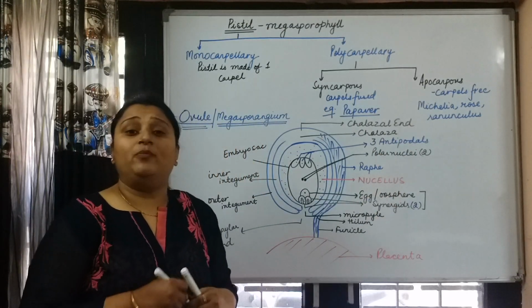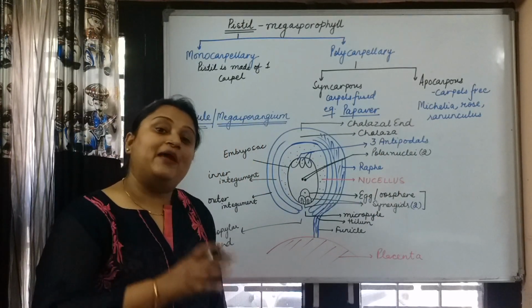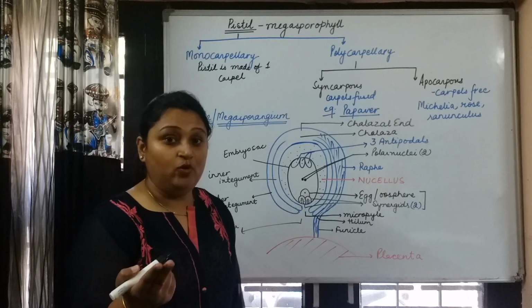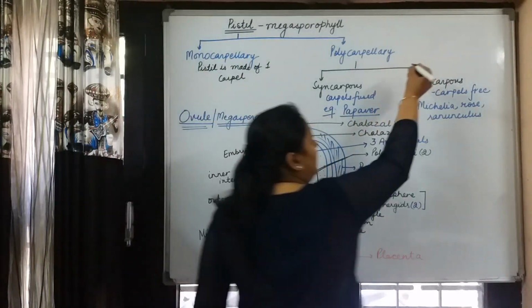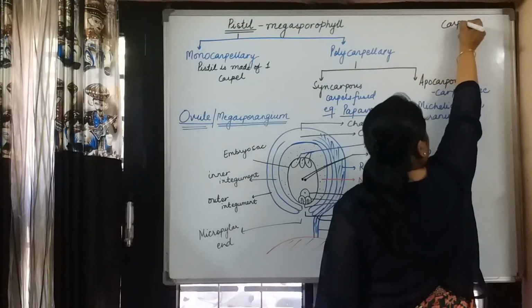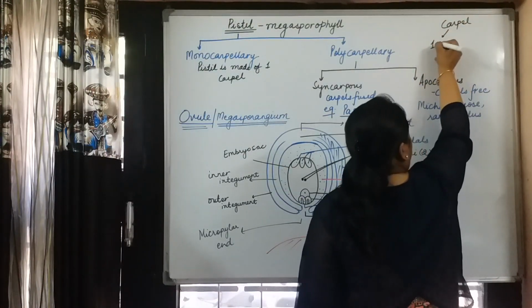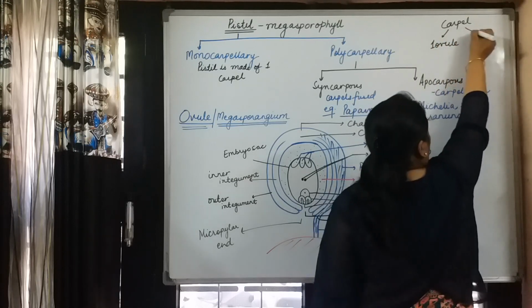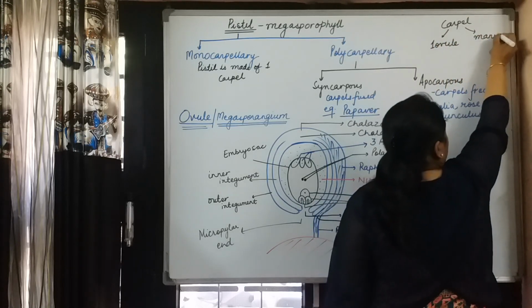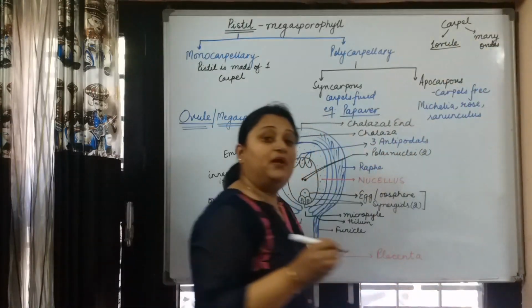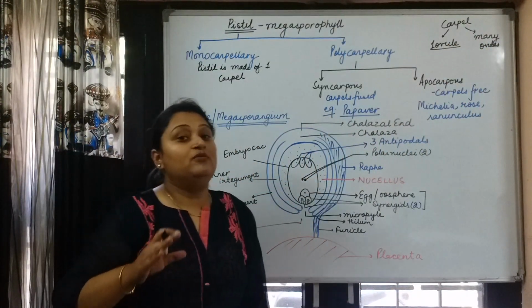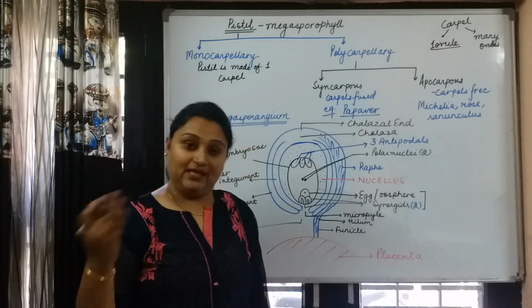Now, a carpel can have one ovule or it can also have many ovules. If the carpel has one ovule, it will form into a seed.